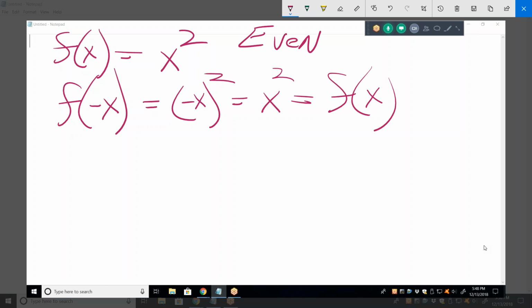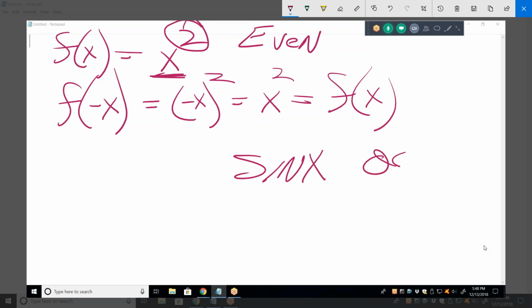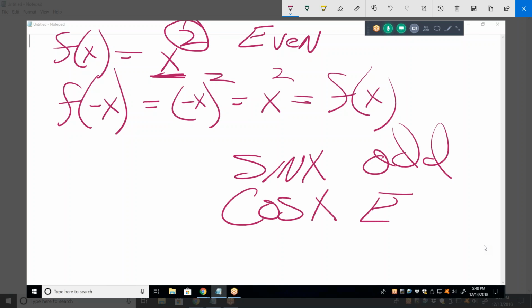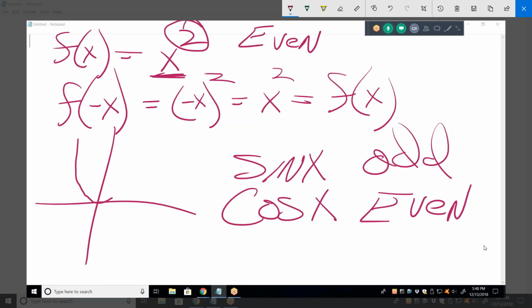All right. This is a good one to remember because that is an even number. So if you always can associate the exponent with whether it's even or odd, that'll help. Because sometimes you get functions like sine x, which is odd, and cosine x, which is even. Okay. There's one other thing. Even functions are symmetrical about the y-axis.